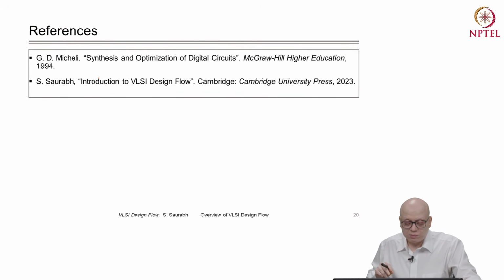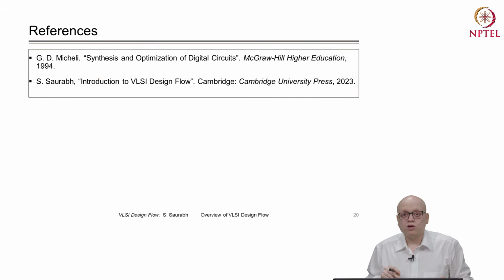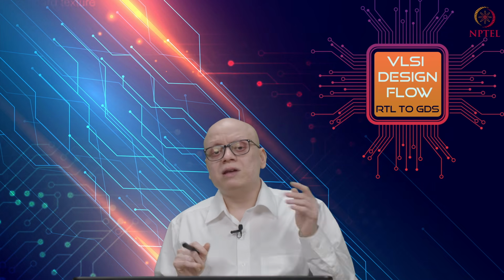So these are some of the important references that you can look into for more details on the topics that I covered in this lecture. In this lecture, we have looked into how, from a given function, we can get an RTL. So this completes the first part, the overview of VLSI design flow, in which we have looked into system level design.